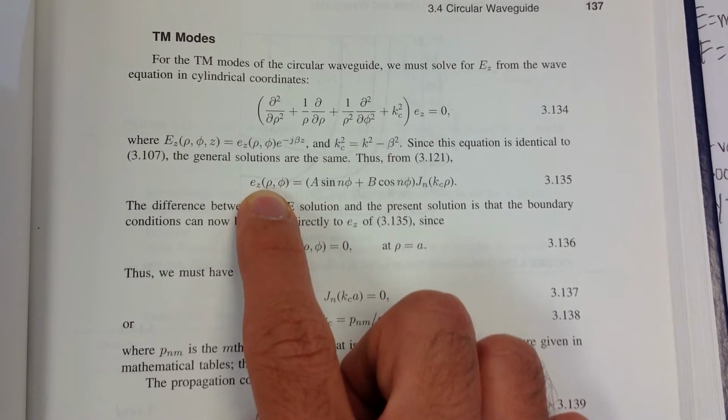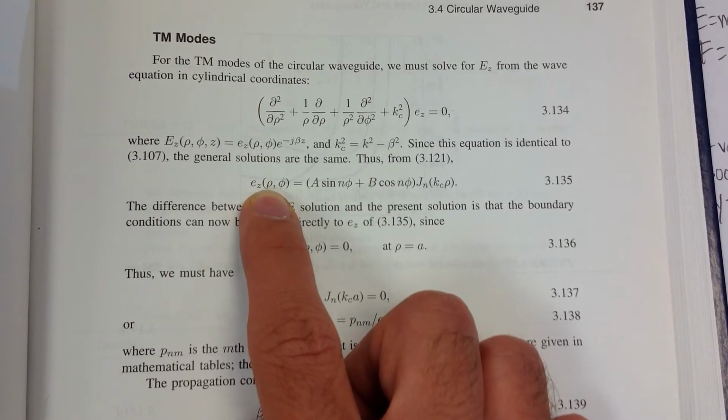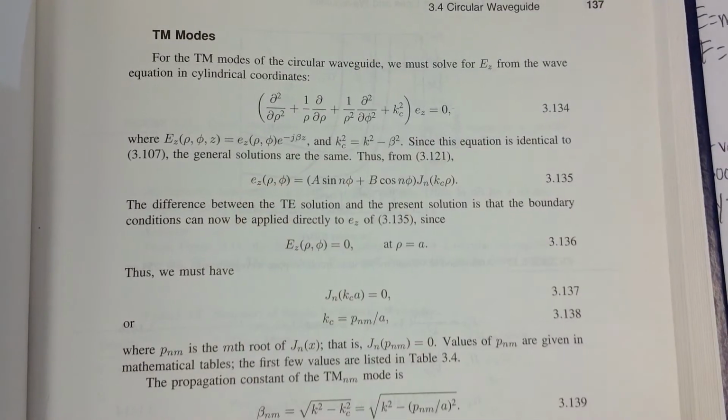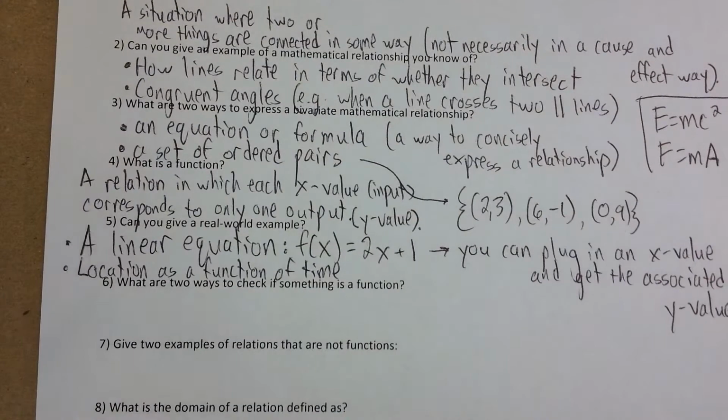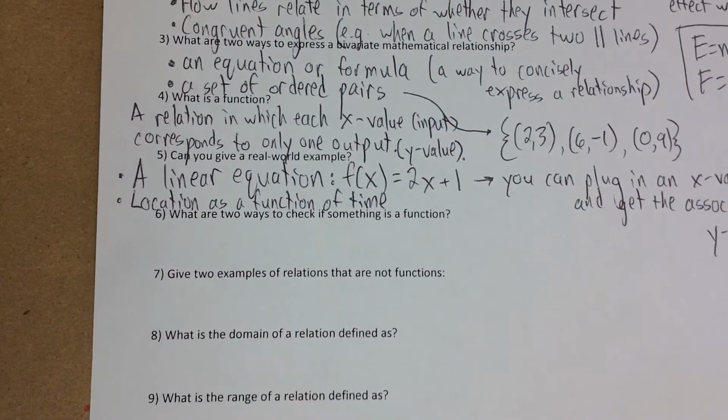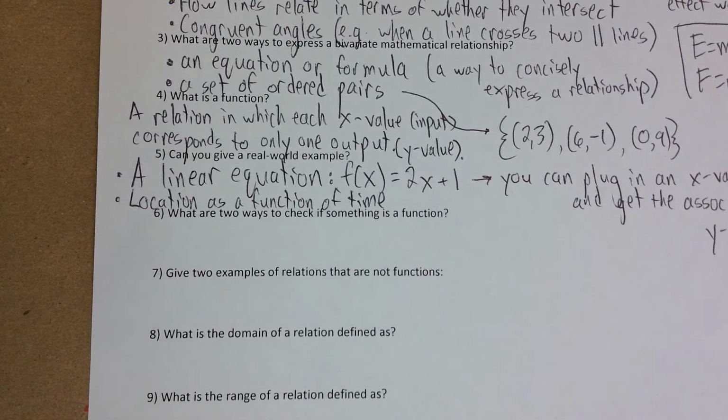So whatever e of z or e sub z is, I know it depends on rho and phi. Sometimes people call it phi. Good. So I wanted you to see some reason for learning this particular stuff. It's necessary to do the stuff that follows.